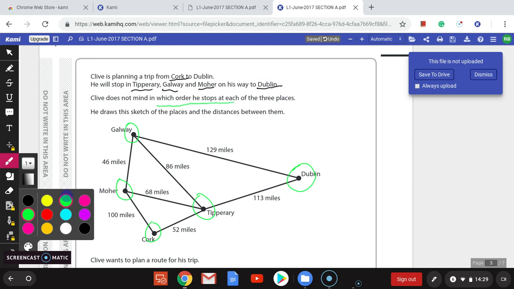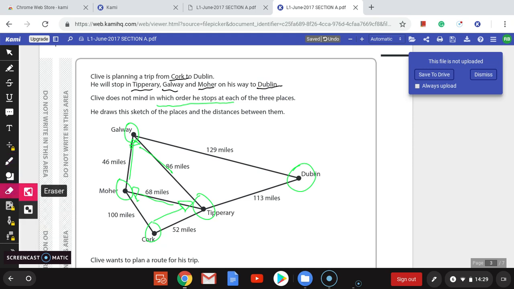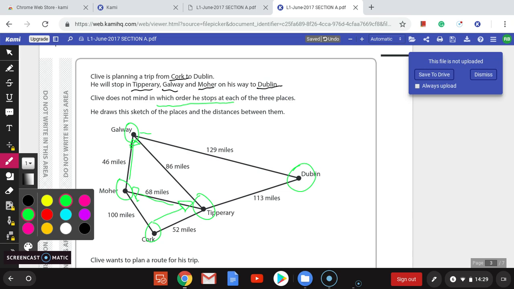So the best thing to do is just draw some lines to show you the route that he takes. So a line like this, one here, and not that one. A line going down here.